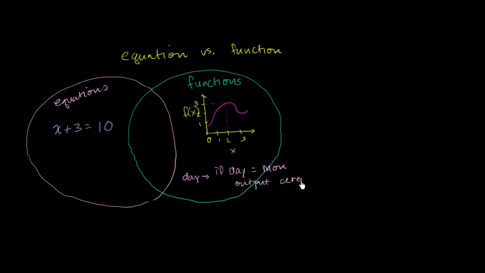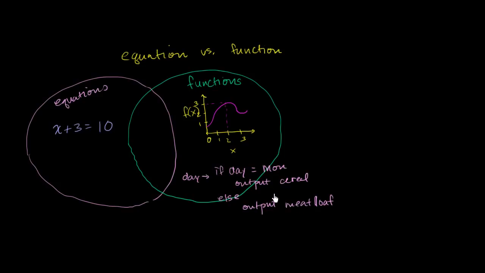So that's what we're going to eat that day, and otherwise you output meatloaf. So this would also be a function, and we only have one output for any one day of the week. We're only saying we can only tell you cereal or meatloaf. There's no days where you are eating both cereal and meatloaf, which sounds kind of repulsive.